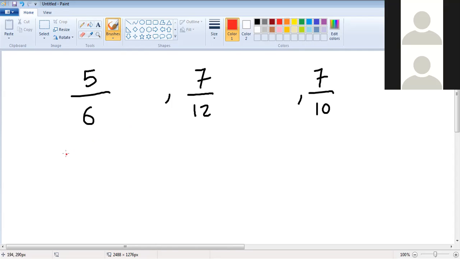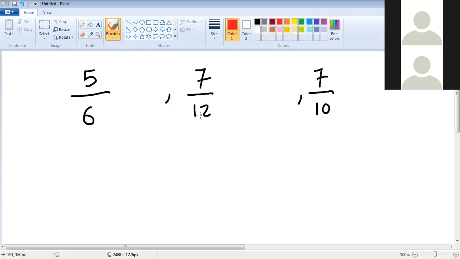So you have to write 6 and find the multiples of 6. The multiples of 6 are 6, 12, 18, 24, 30, and so on. Can you tell me about the multiples of 12?